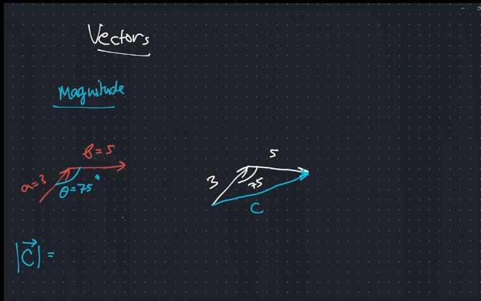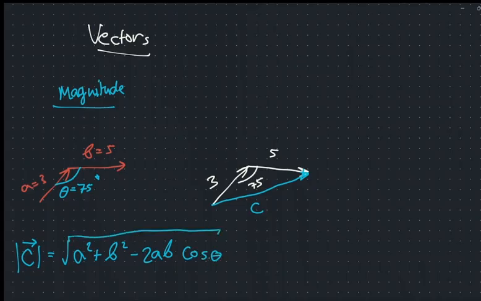So C is going to be equal to the square root of a squared plus b squared minus 2ab cosine of the angle between them, theta. This is how you find the magnitude C. So let's do it for this case here.